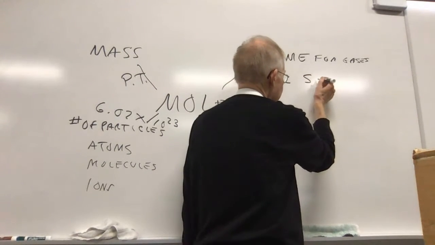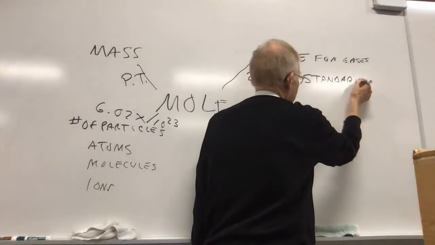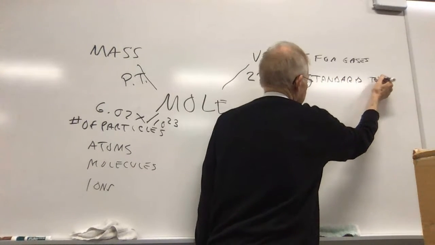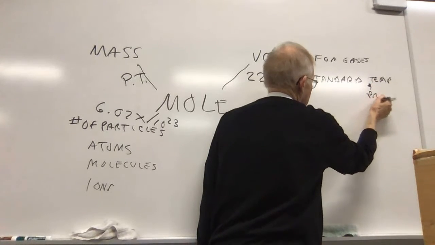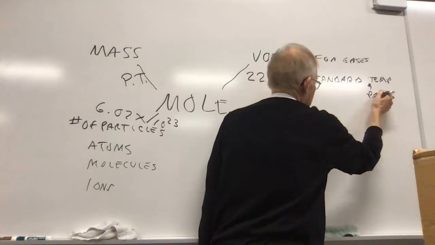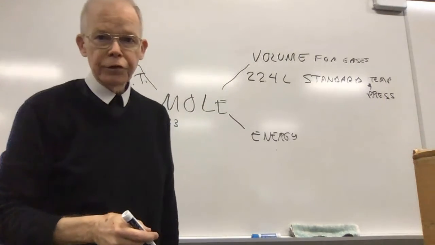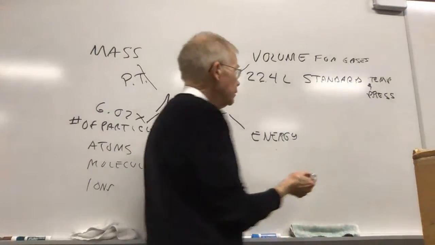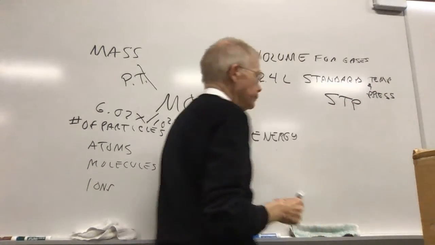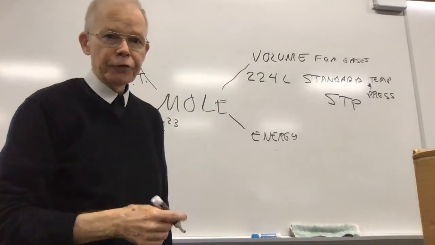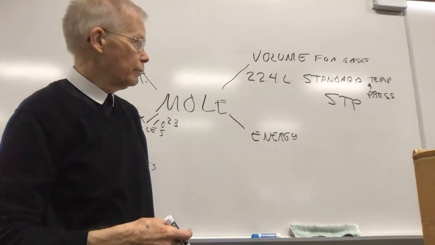That's called standard temperature and pressure, and it's abbreviated by the letters STP. So if a chemist was talking about conditions of STP, another chemist would understand what that means.